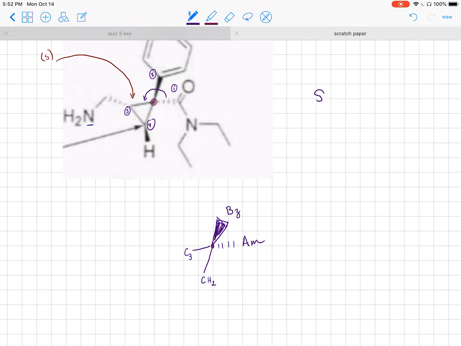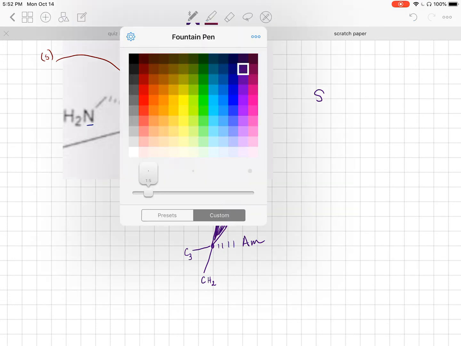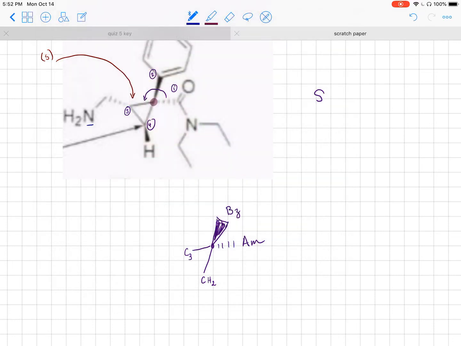And we want this CH2 group to be in the very back, and so let's see, how can we rotate this? We could rotate it coming towards us so that this benzene group will be where the CH2 group used to be.